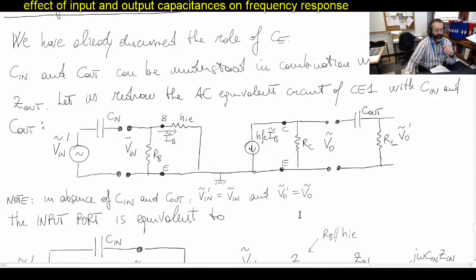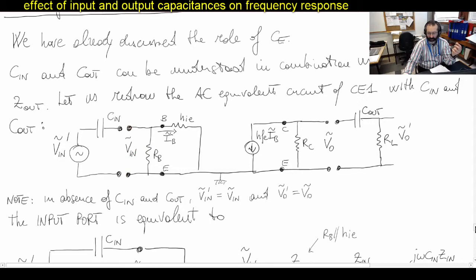Okay, so now, to understand exactly how what we are about to do relates to what we did today when we were assuming that C in and C out were negligible, I've also drawn here where the signals were that we were calling, for example, V in. So if C in was negligible, V in would be at this point, just before RB.